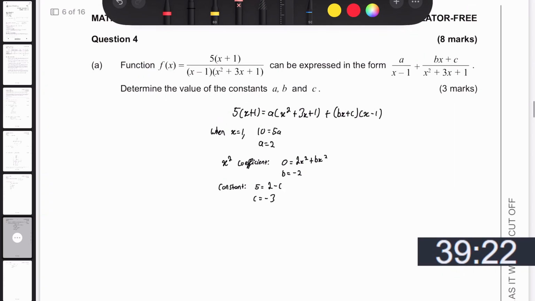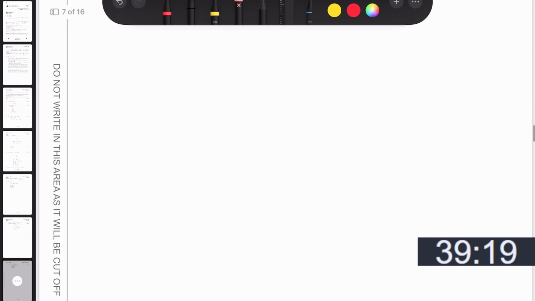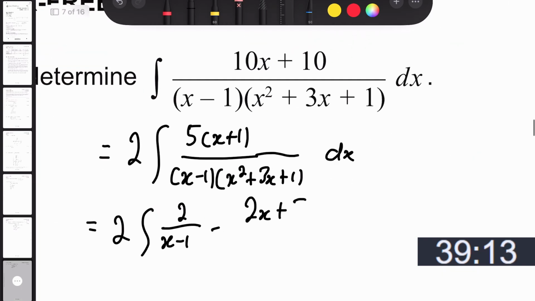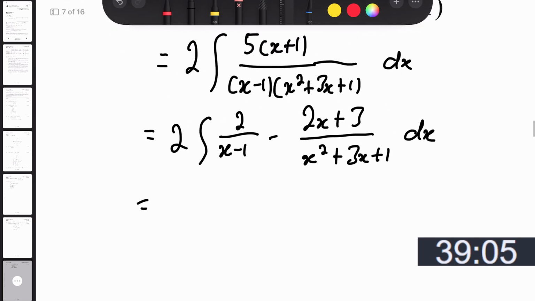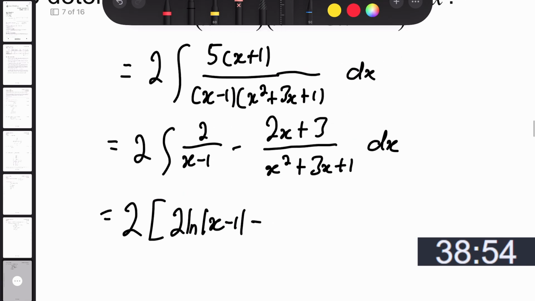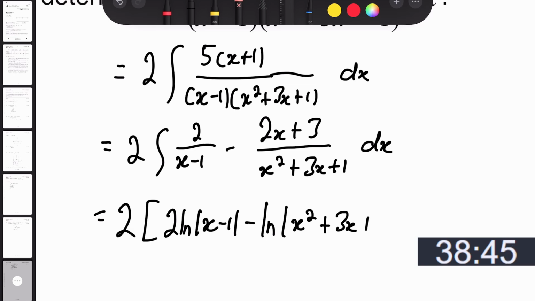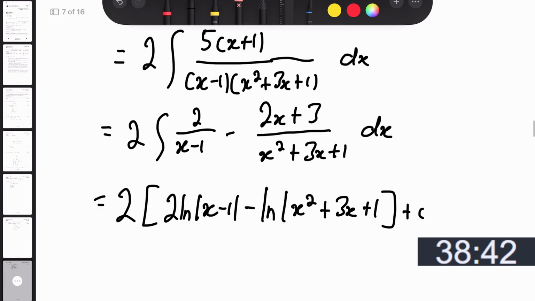Okay. So since it's negative 2, negative 3, let's just make this a negative. And then it can be 2x plus 3 on x squared plus 3x plus 1 dx. Now this becomes 2 of, this derivative here is just going to be 1, so 2 ln of x minus 1 minus 2x plus 3, yep, that's what we have, so minus ln of x squared plus 3x plus 1 plus c.